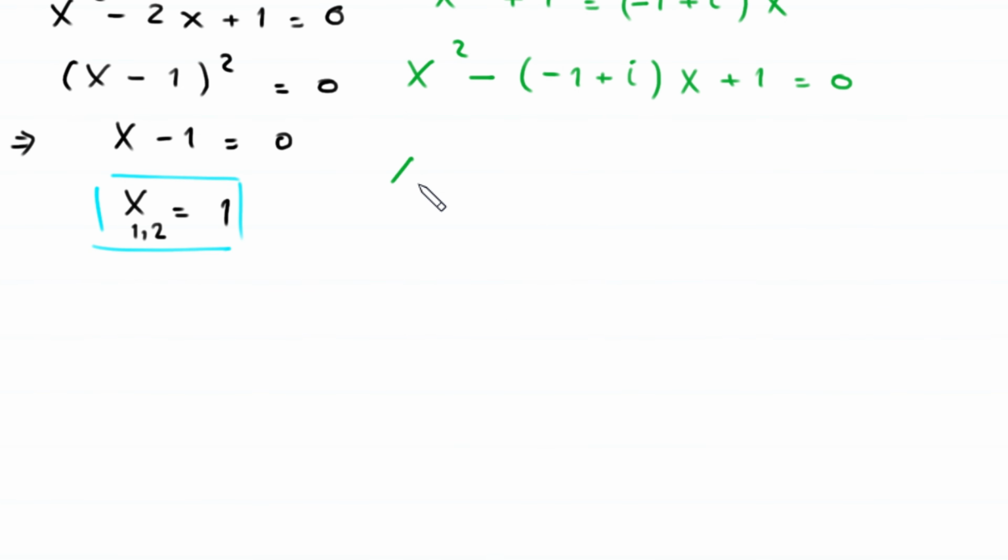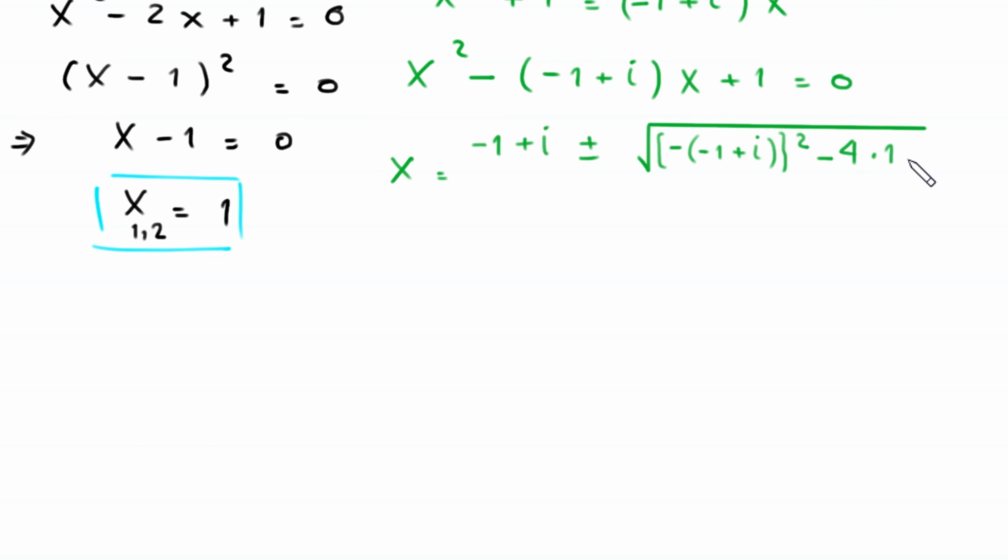According to quadratic formula, x is equal to negative 1 plus i plus or minus square root of, in place of b squared we write negative times negative 1 plus i whole squared minus 4 times a is 1 times c is 1 divided by 2 times a is 1.